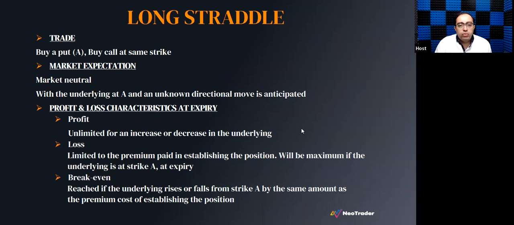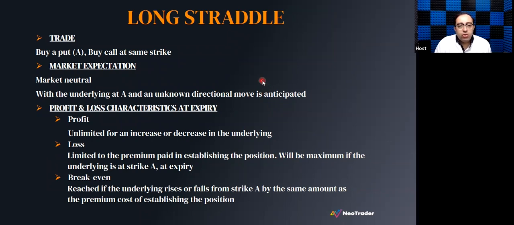So what you will do is build a strategy where you take two option contracts. You will buy a put, and at the same time you will also buy a call. Why? Because you feel that the market can go in any direction, so you decide to do it this way.